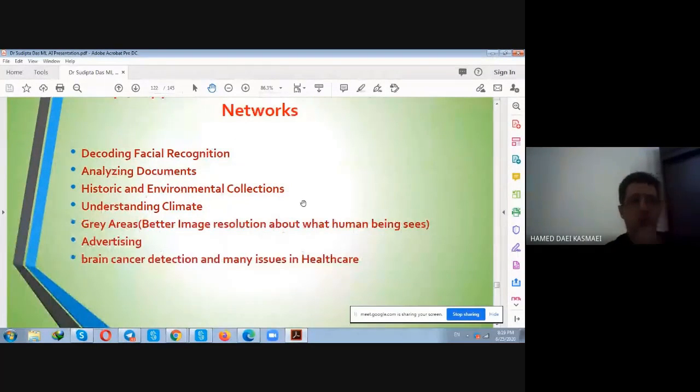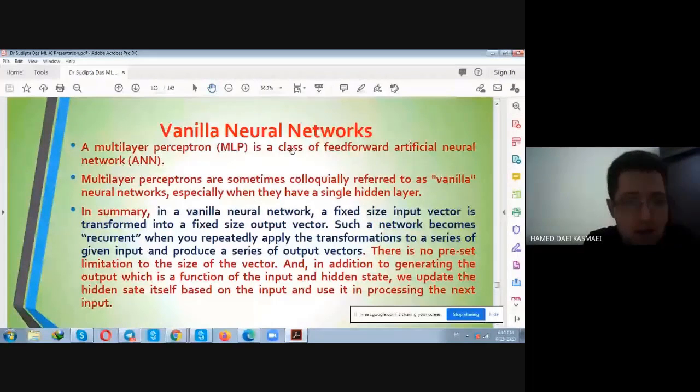So a neural network and multi-layer perceptron is a class of feed-forward artificial neural network. Multi-layer perceptrons are sometimes colloquially referred to as vanilla neural networks, especially when they have a single hidden layer. In summary, in a vanilla neural network, a fixed-size input vector is transformed into a fixed-size output vector. So we have both of them, fixed-size input and fixed-size output vector.